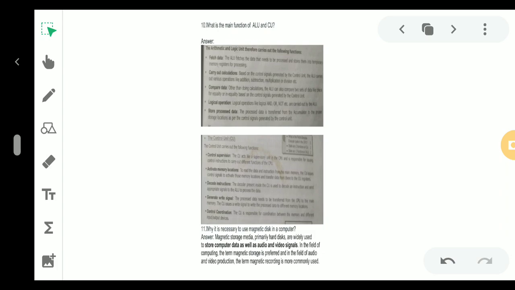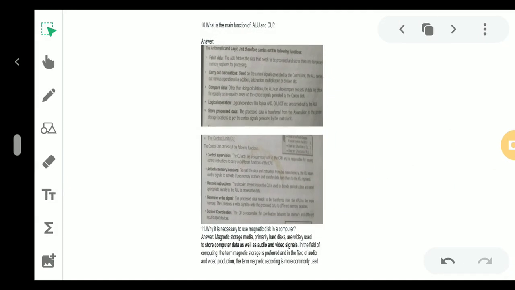It also carries out calculation work, such as addition and subtraction. It also does logical operations like AND, OR, NOT, and comparison. Comparison of data, whether one value is equal to or not equal to another, can also be done. It also stores the processed data, whatever comes out after processing.